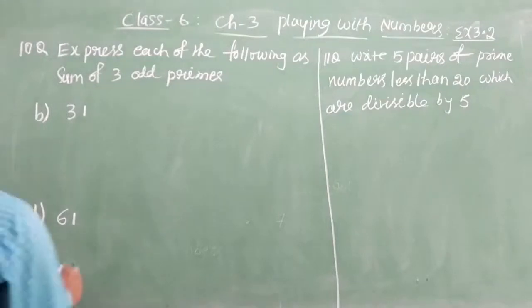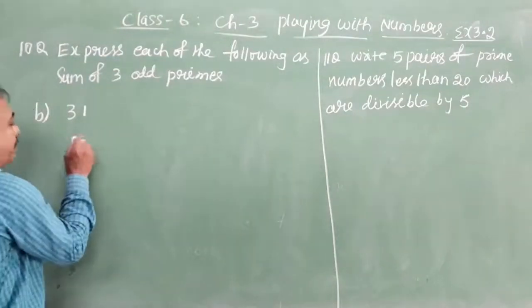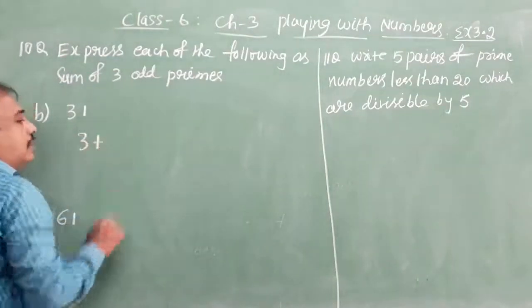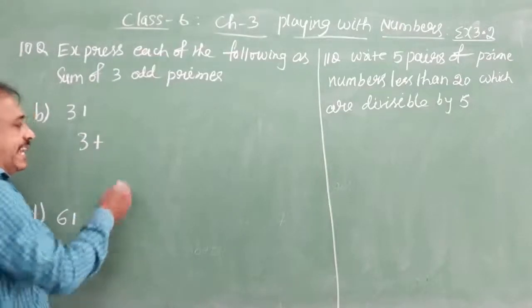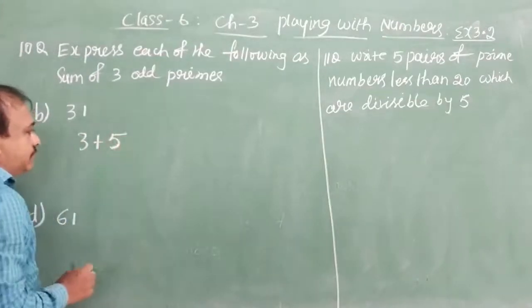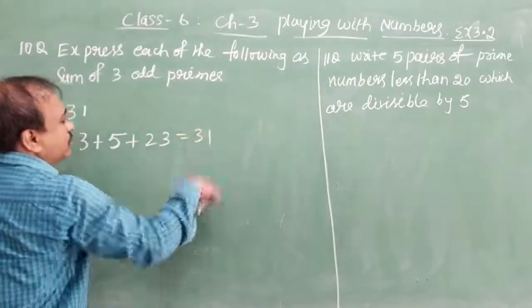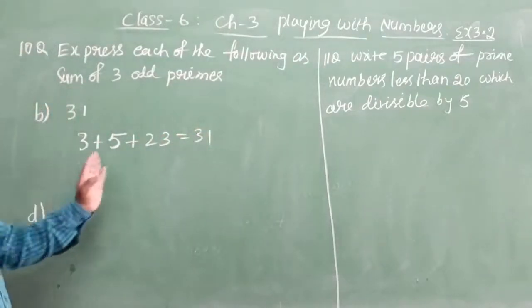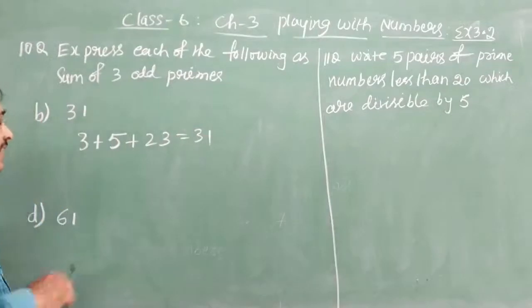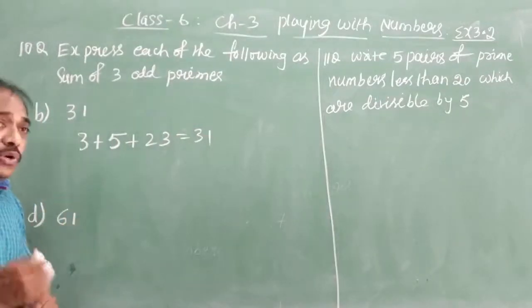Let us see. Suppose you start with 3 plus another number: 3 plus 5 is 8, and 8 plus 23 is equal to 31. So 3 plus 5 plus 23 is equal to 31. Is there any other combination?